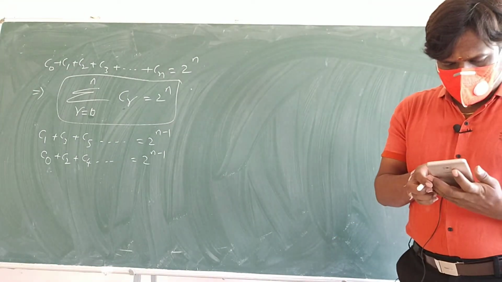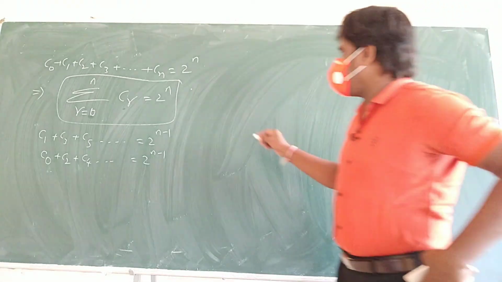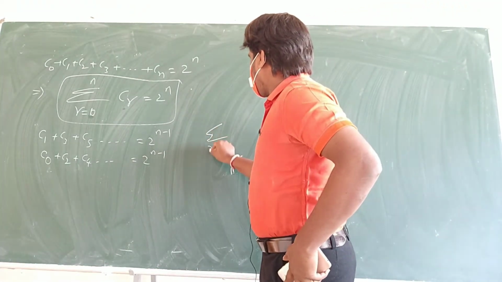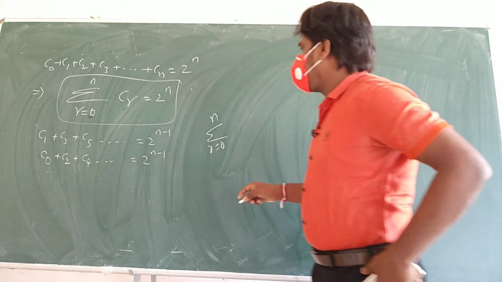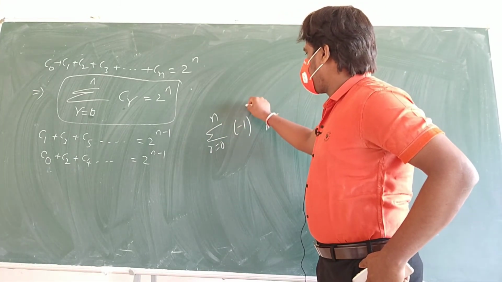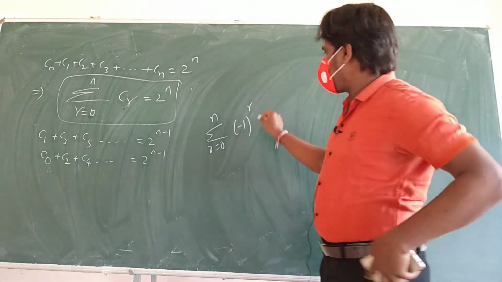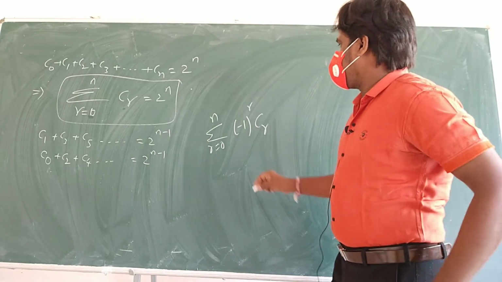So this is how to write it. We can write this as sigma R equal to 0 to n of (minus 1) to the power R times CR.